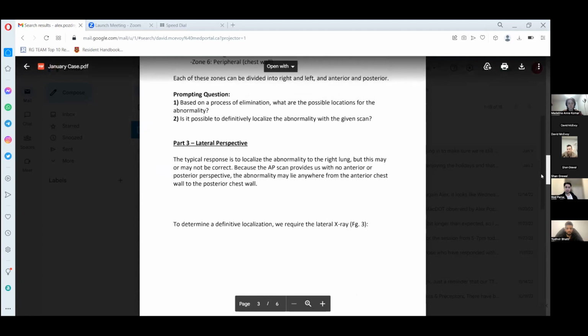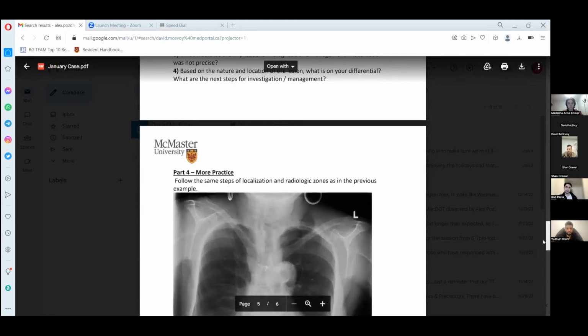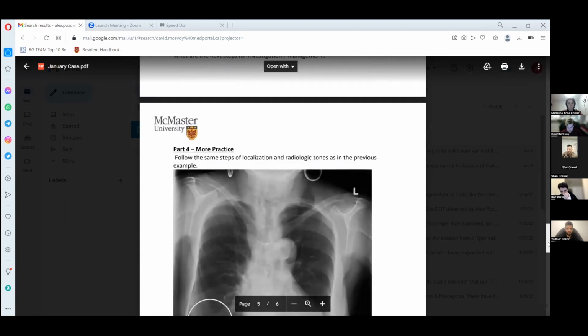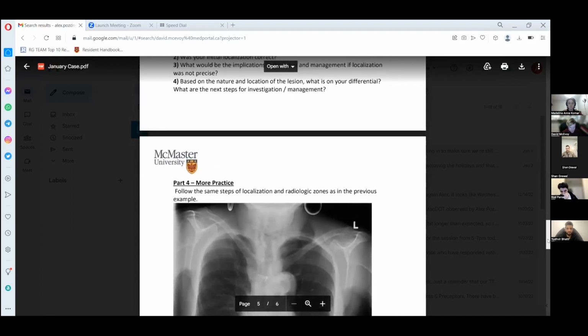Okay. And in terms of next steps and management, if you're expecting a mass, which is a cancer, we probably want to investigate it further with CT.